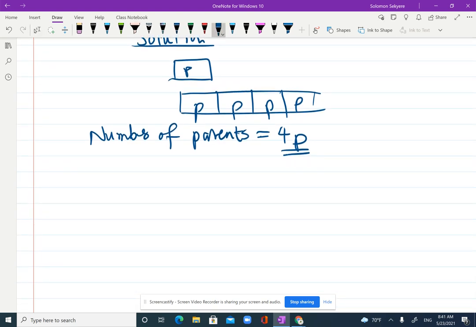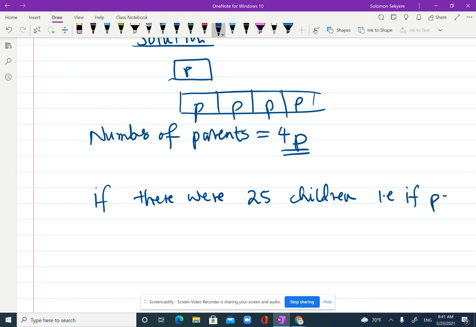What if there were 25 children? That is, if P equals 25, how many parents were there?